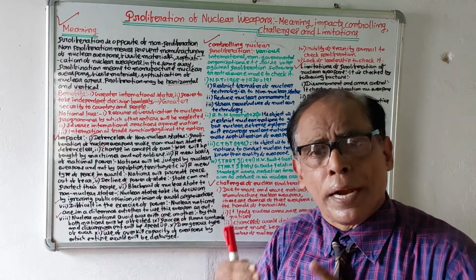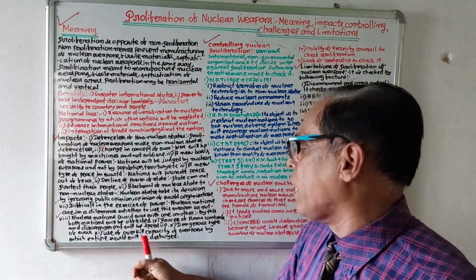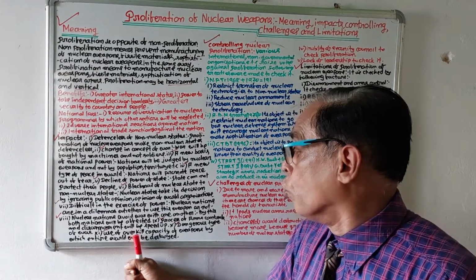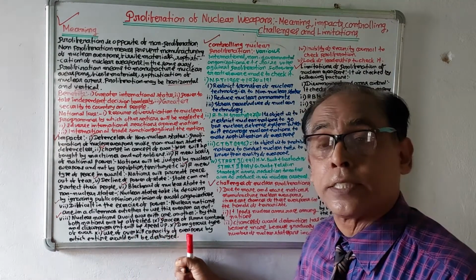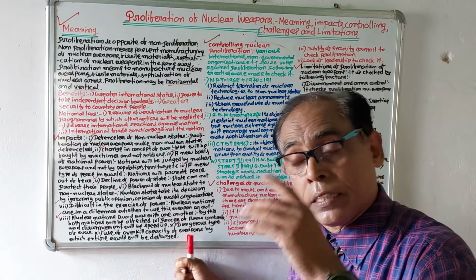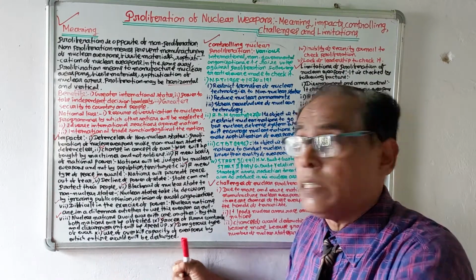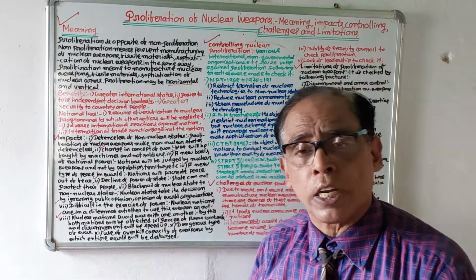So another impact of proliferation of nuclear weapons is that if there is war, there will be use of overkill capacity, by which one nation will be destroyed and other nations will be destroyed. So these are the impacts of proliferation of nuclear weapons.